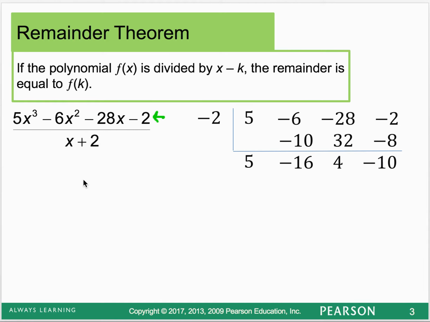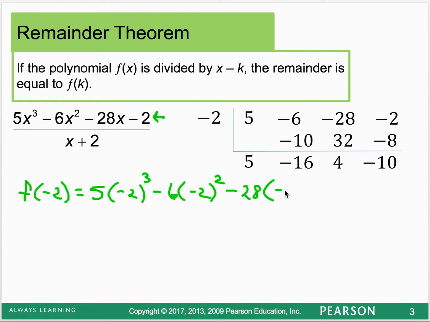So if I wanted to know what f of negative 2 is, what would we do? We'd plug it in. And so 5 times negative 2 cubed minus 6 times negative 2 squared minus 28 times negative 2 minus 2. And then we just evaluate, right?